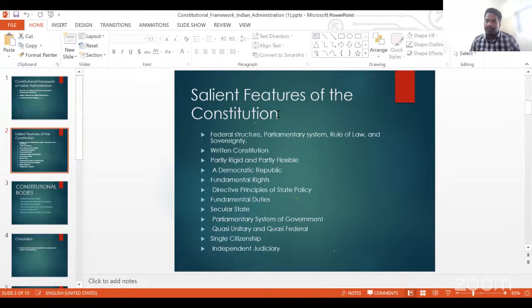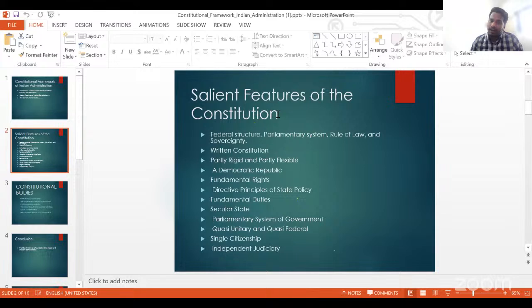Then there is quasi-unitary and quasi-federal. India is blended, with what we call cooperative federalism. You can also call it bargaining federalism. That means we have some features relating to the union government and state governments. For example, we have the central list, state list, and concurrent list.